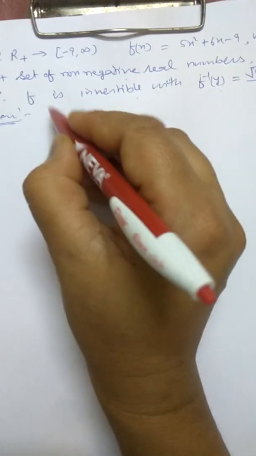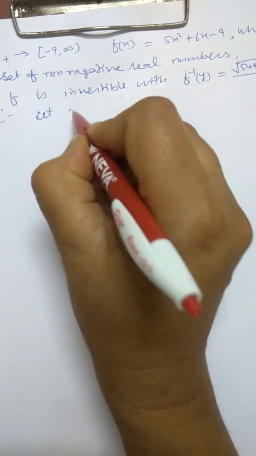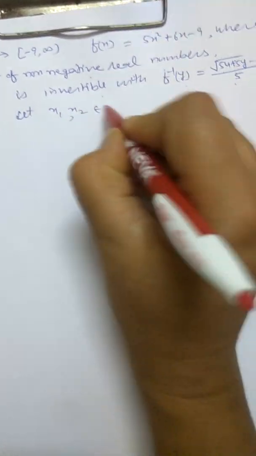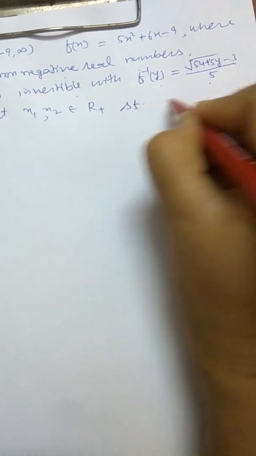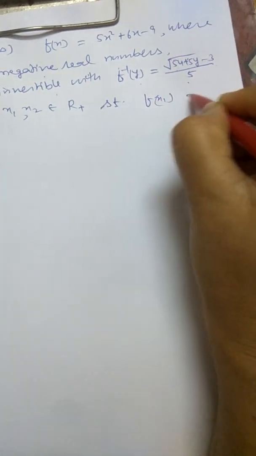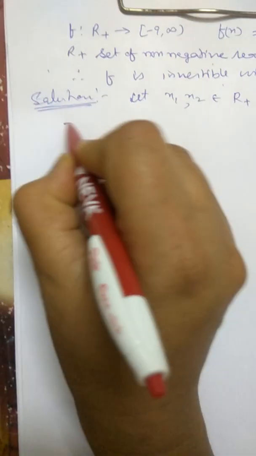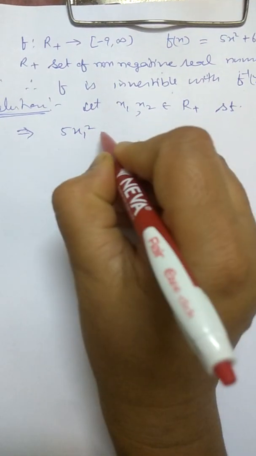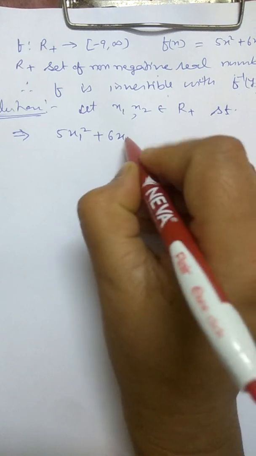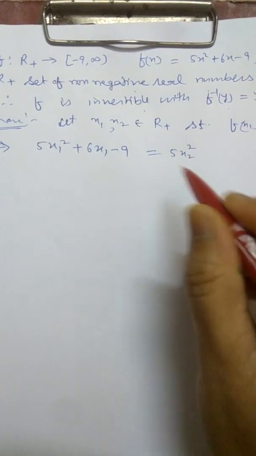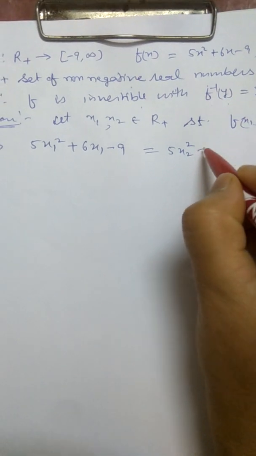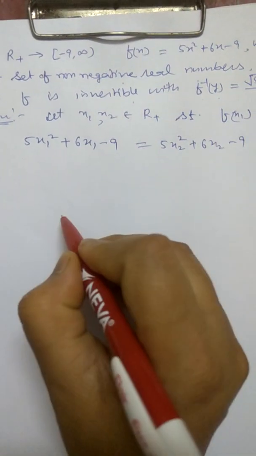As we have done earlier, let x1, x2 belong to R positive such that f(x1) = f(x2). This implies 5x1² + 6x1 - 9 = 5x2² + 6x2 - 9.